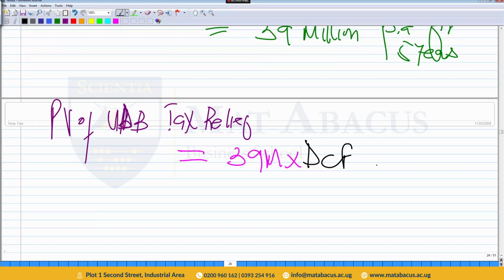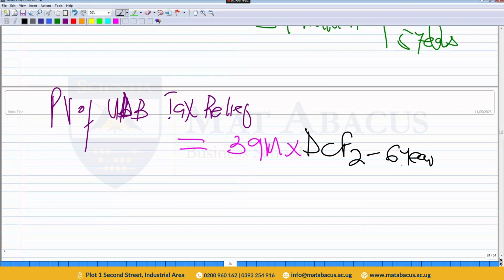The taxes are payable in arrears. Therefore, it will be from year 2 to year 6 because the UDB loan is for 5 years.